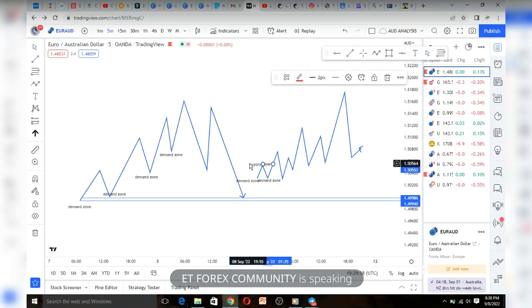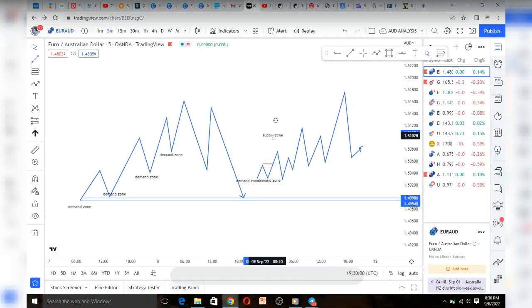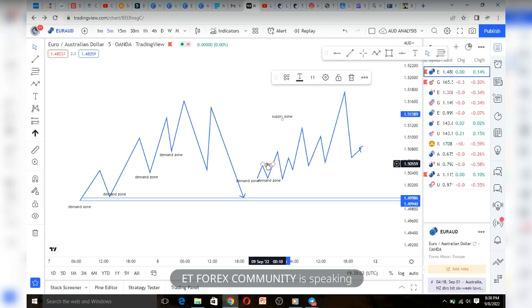Let me erase this one. So we have a break of structure here. When we have a break of structure, the market later created a supply zone, let me take it step by step. The demand zone that broke this supply zone, the market will surely come back to that demand zone.